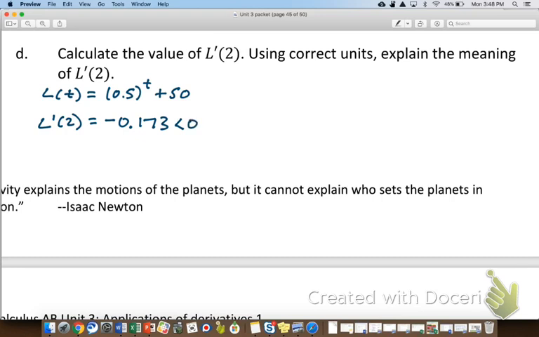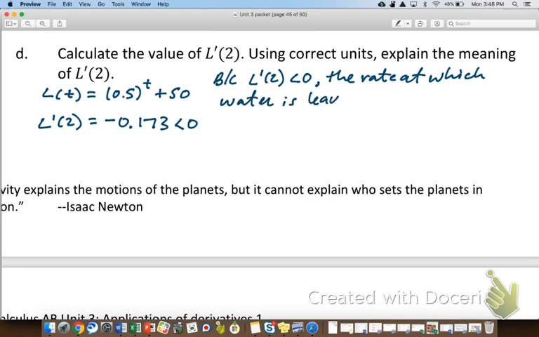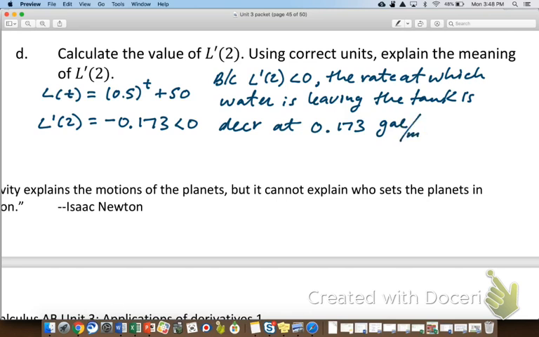Then I'm going to say what this means then, because L prime of 2 is negative, the rate at which water is leaving the tank is decreasing at 0.173 gallons per minute, or you could just say gallons per minute squared, when T equals 2 minutes.